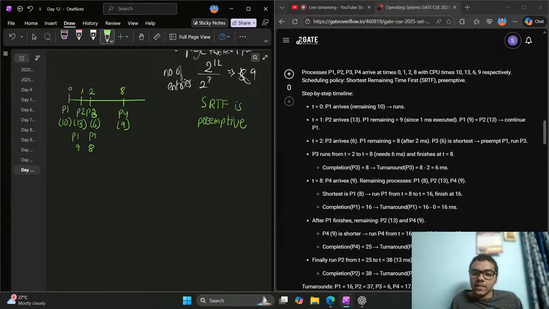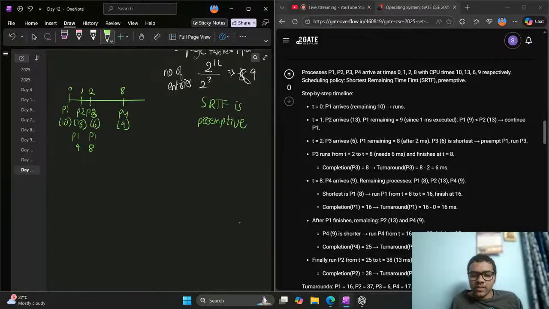But P3 needs 6 milliseconds. So from 2 to 8. P1 has 8, P2 is not touched yet, and P4 has 9, so the shortest is 8. Nice.